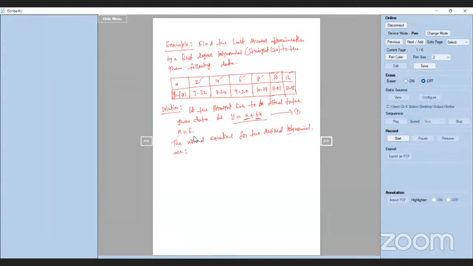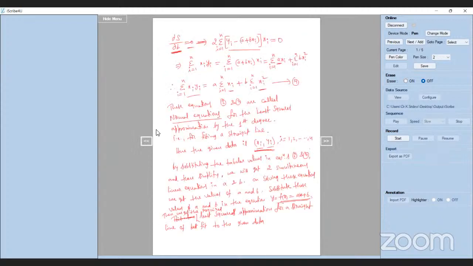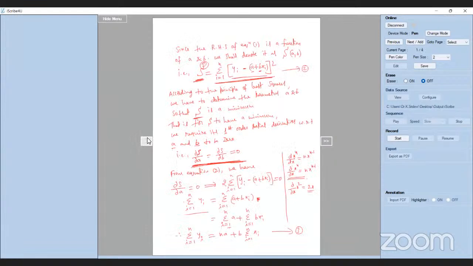So what are these normal equations for a straight line? From the procedure which I have explained just now, you have to take those 2 normal equations, equation 3 and equation 4, called normal equations. Take equation 3: summation y is equal to n into a plus b summation x.